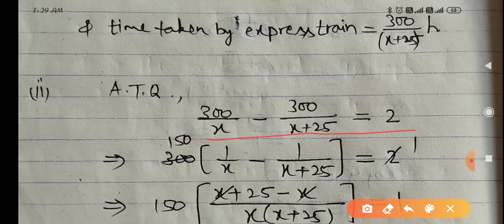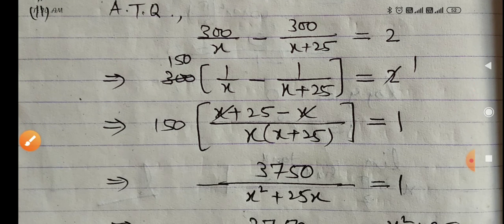300 is common. Inside the bracket, 1 upon x minus 1 upon x plus 25 is equal to 2. By 2 you can divide 300: 2 ones are 2, 2 150s are 300. So 150, and inside the bracket you take LCM, x into x plus 25.